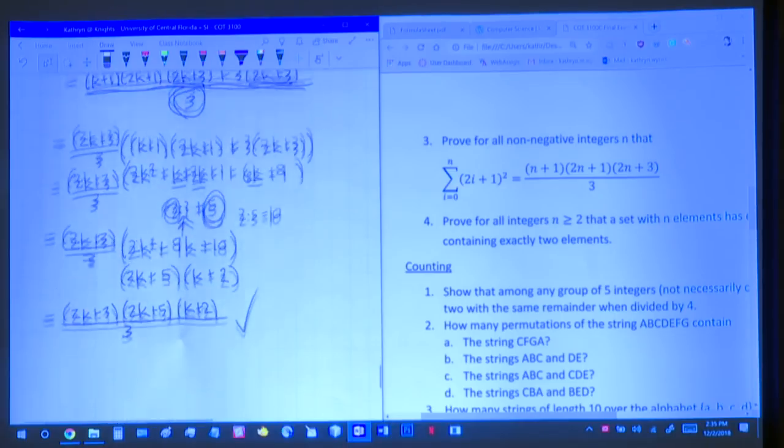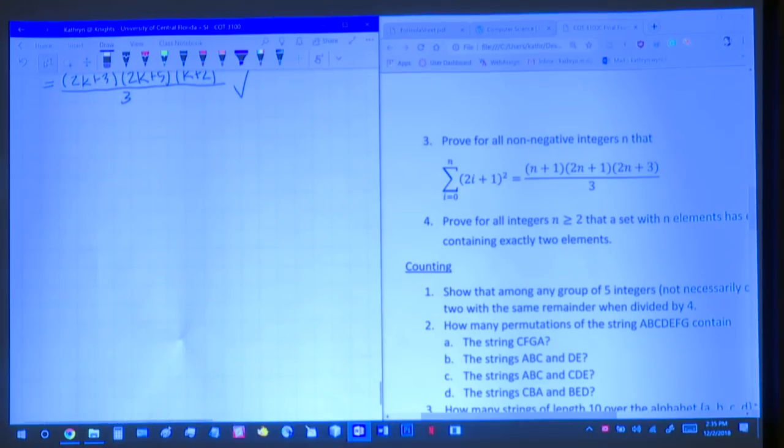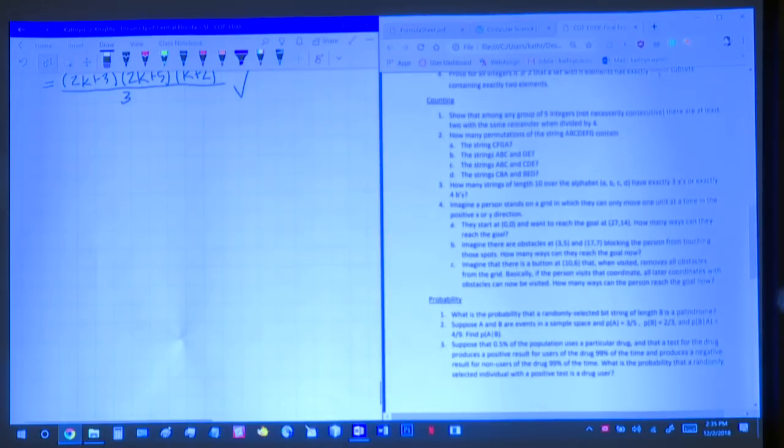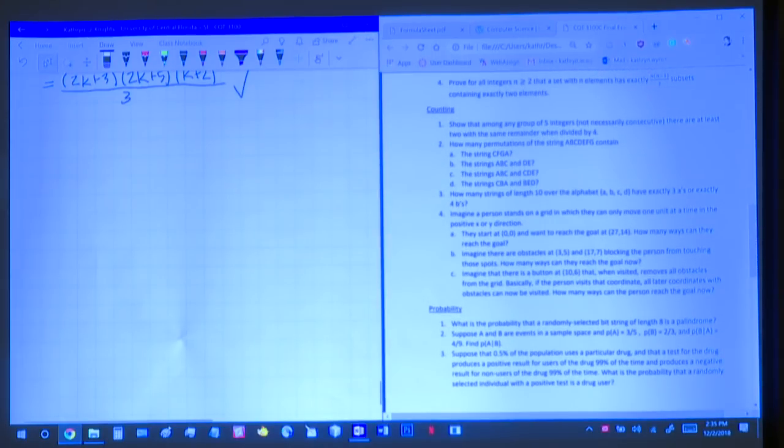Okay. Well, I guess I'll move on to counting. Oh wait, no. There's one more induction one. This one is also kind of a weird one in that there's not really that much math involved.